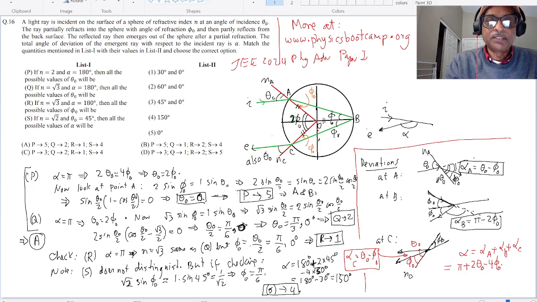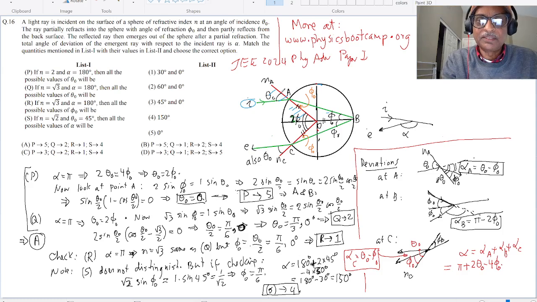This picture tells the story of what the problem is. You have a light ray that is incident on a sphere. This is the incident ray, and then it's refracted. This is the normal. If it comes on this side of the normal, it's going to go on the other side of the normal. I've drawn it kind of symmetric, and then it reflects off and comes back out.